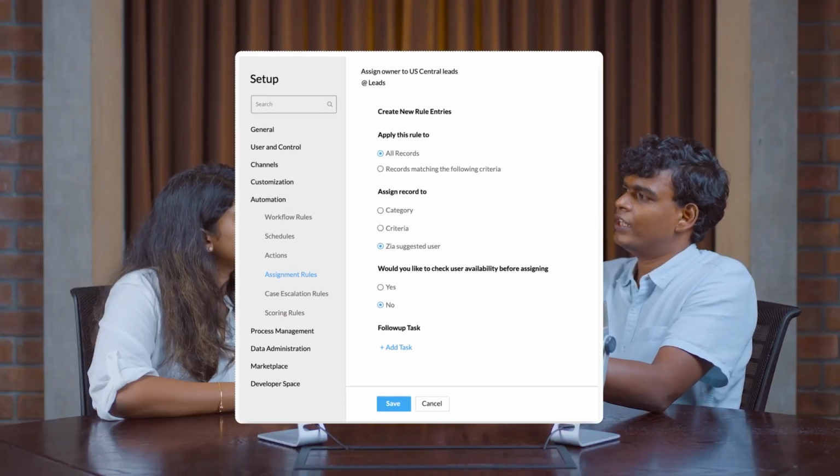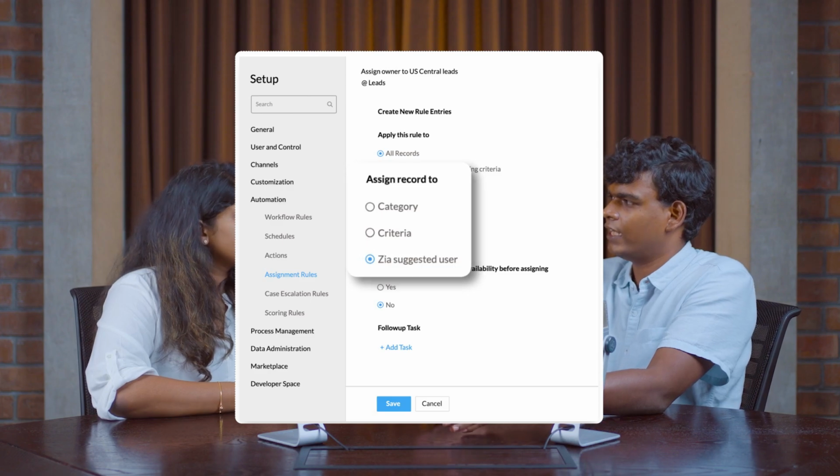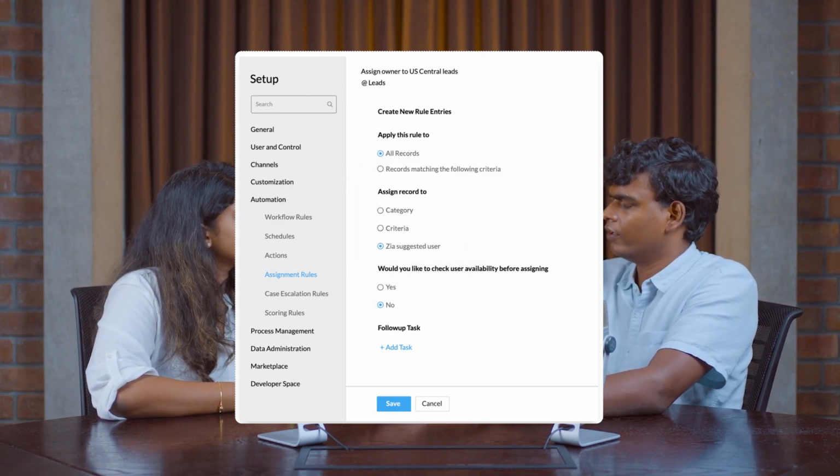Say, for example, you import leads to your CRM account. You can't be manually associating the leads to a particular user. Zia will analyze the right user who will be able to take care of the leads generated via various sources and associate that user in your CRM account to the set of leads. So lead assignment also gets very easy with the help of Zia.